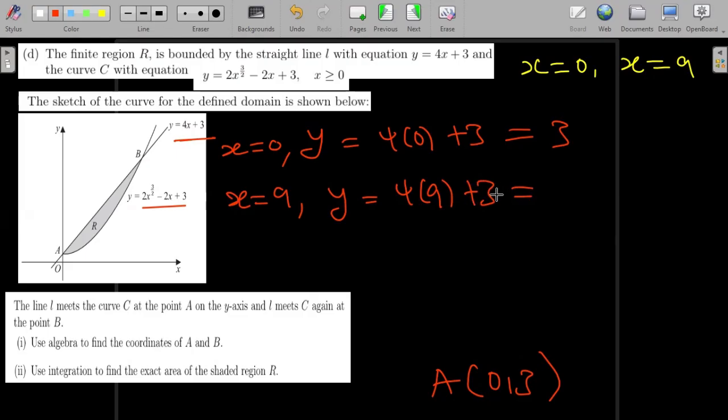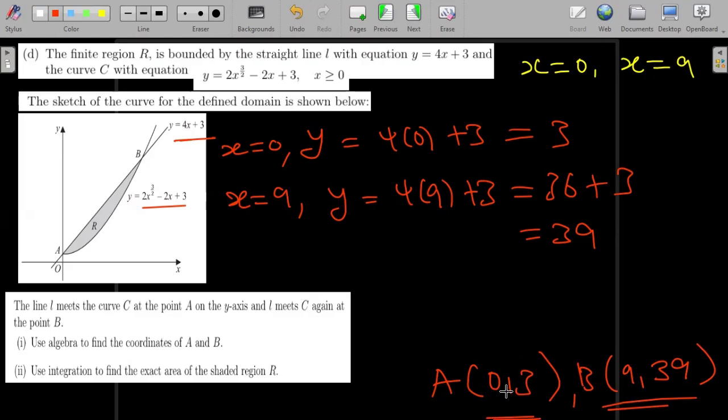So 4 multiplied by 9 is 36, plus 3 is 39. So it means the coordinates of B will just be (9, 39). So we found the coordinates of A and B.